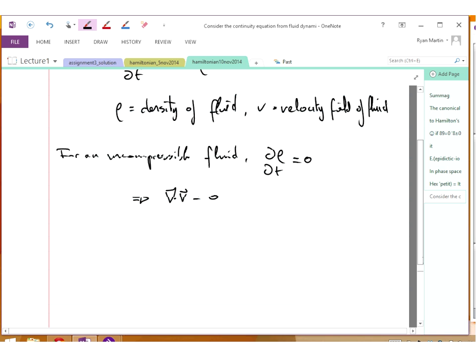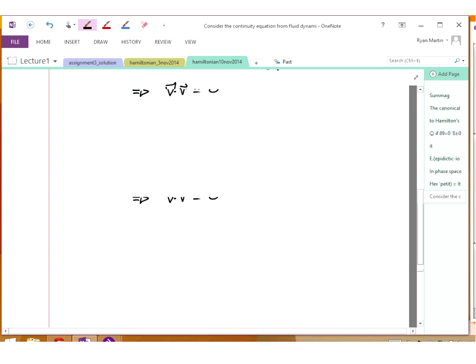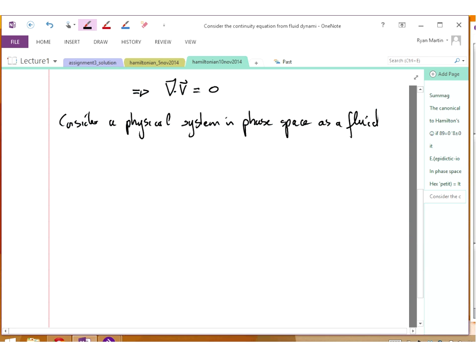So let's see how that could possibly work in our phase space. So if we consider a physical system in phase space as a fluid, okay?